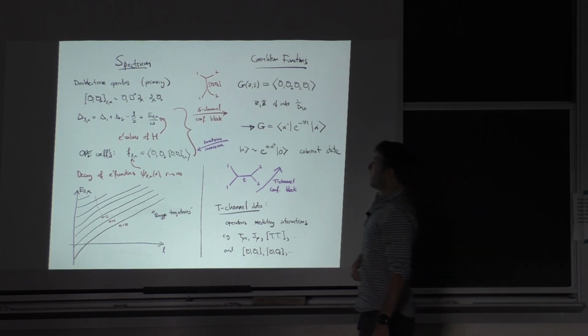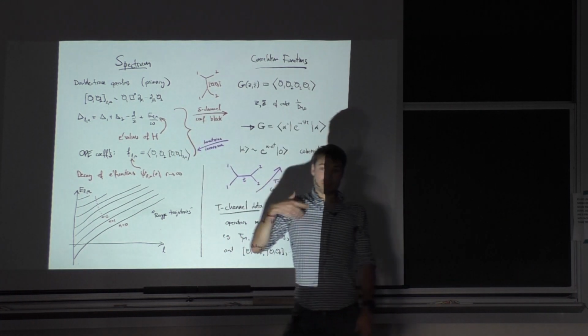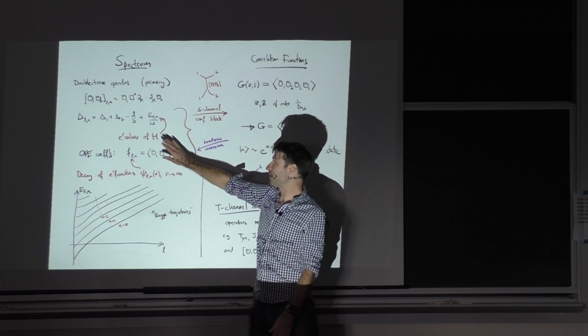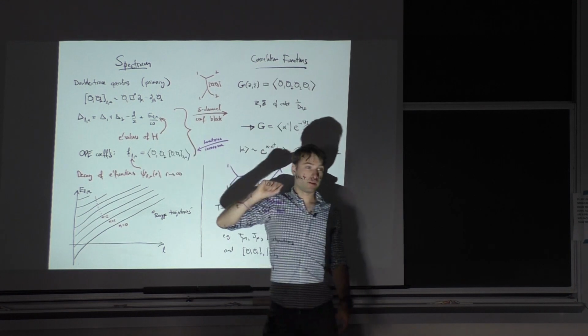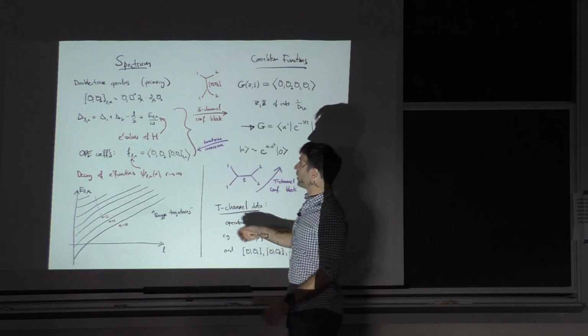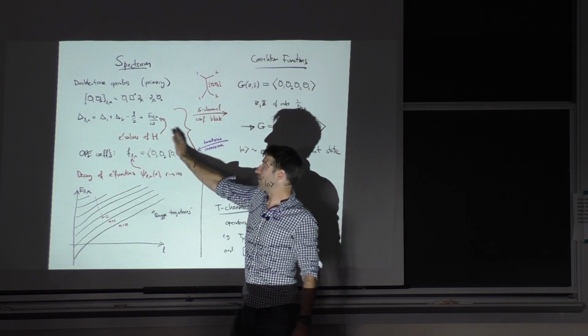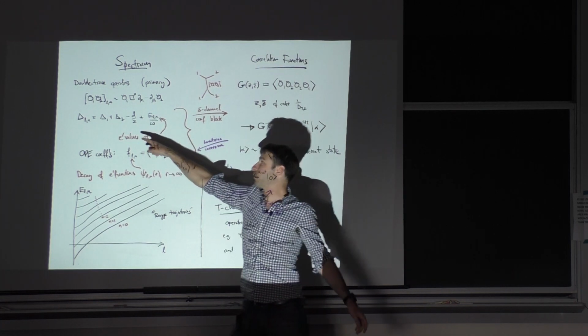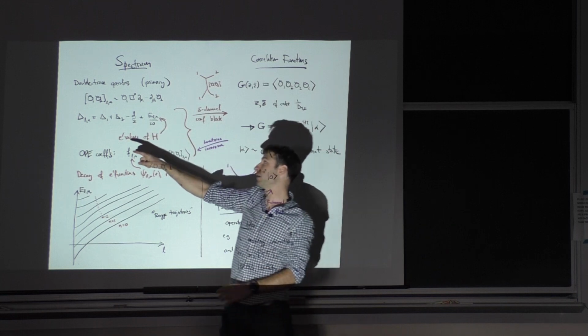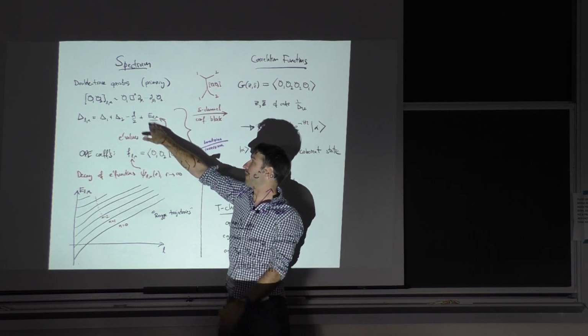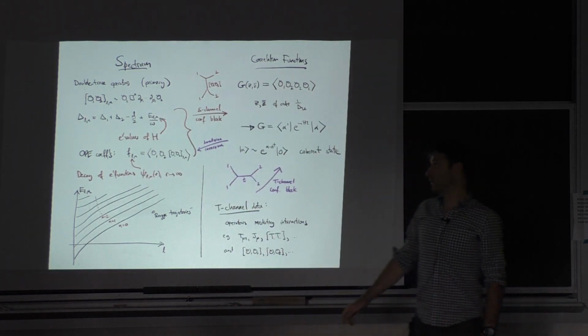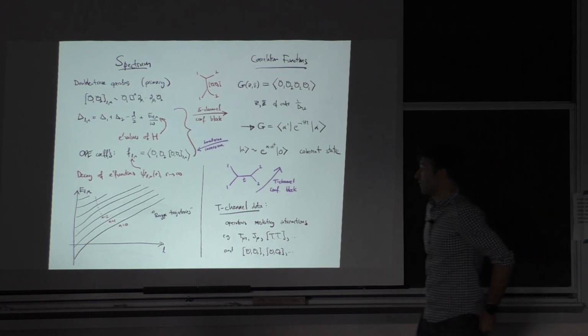And the spectrum of these double trace operators is going to be related to the spectrum of this relative Hamiltonian: delta 1 plus delta 2 gives you the rest energy, there's this shift d over 2, and then there's the energies that come from the relative Hamiltonian.